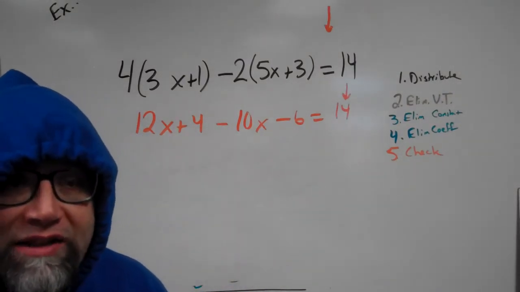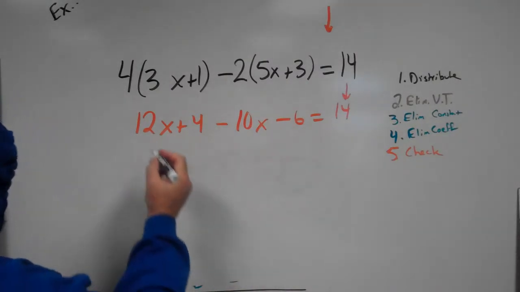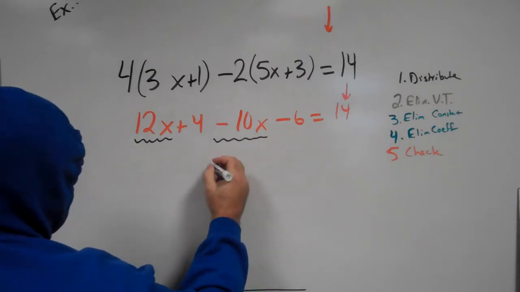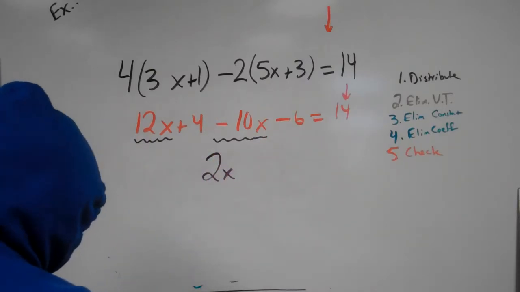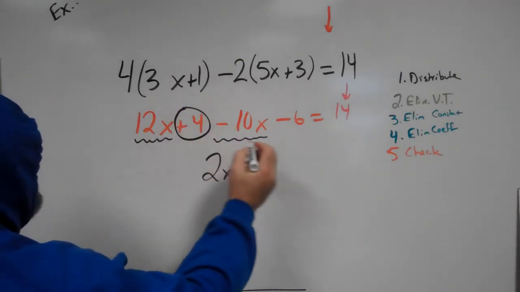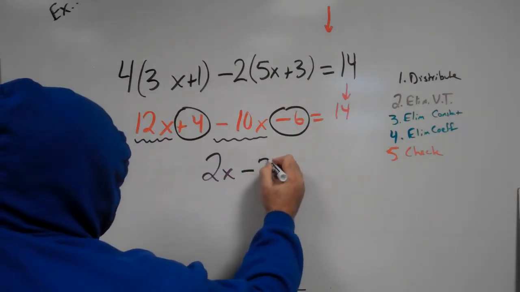Now we're just combining like terms. So let's look at our like terms. I've got 12x and -10x, which gives me 2x. I've got +4 and -6. When I put those together, I've got -2.